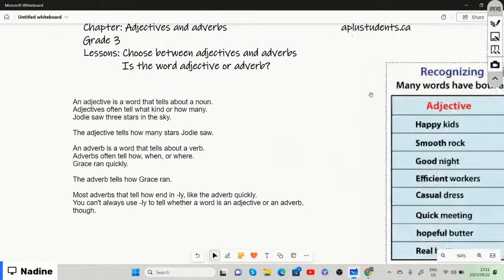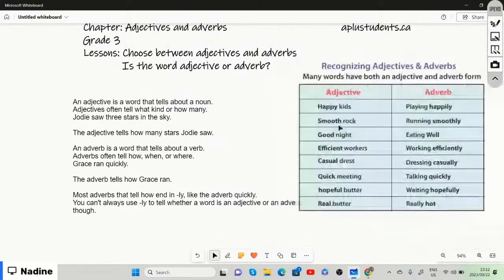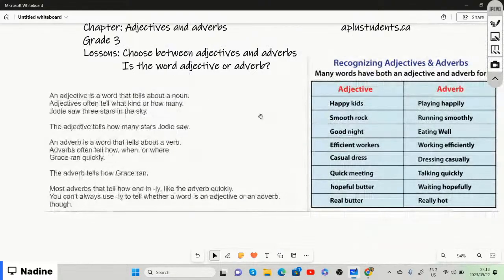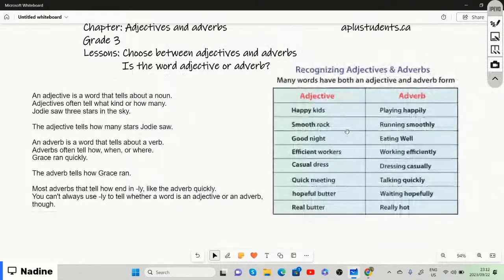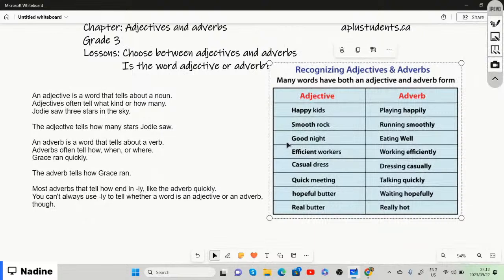All right, so we are doing both adjectives and adverbs. Both of these words tell us about something. Adjectives describe the noun, and adverbs describe the verb.